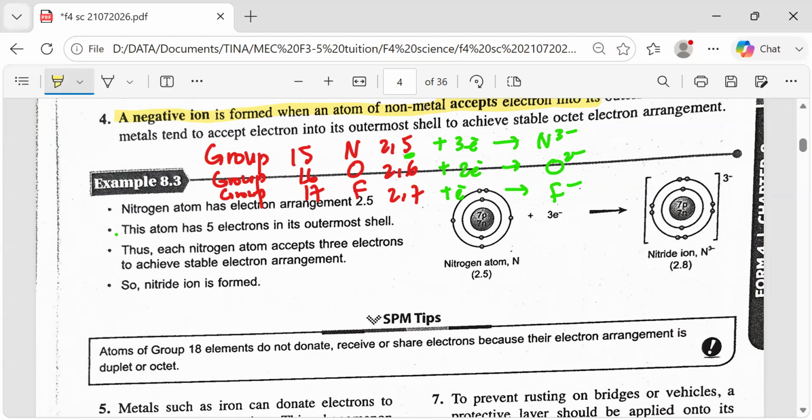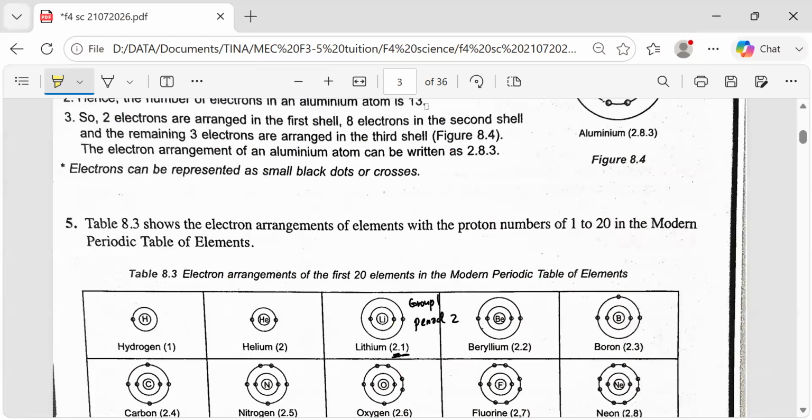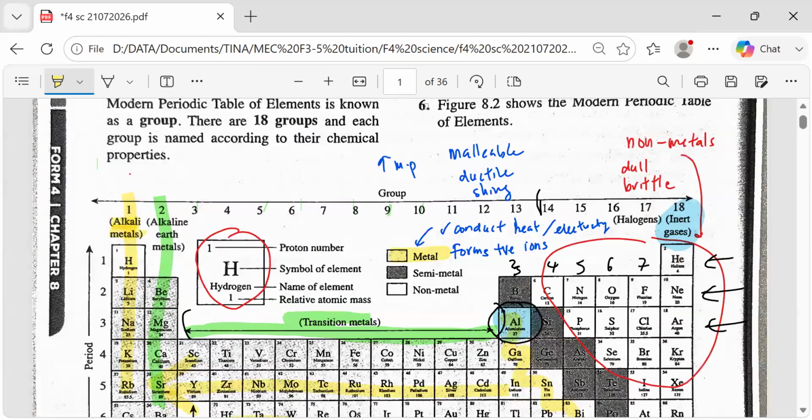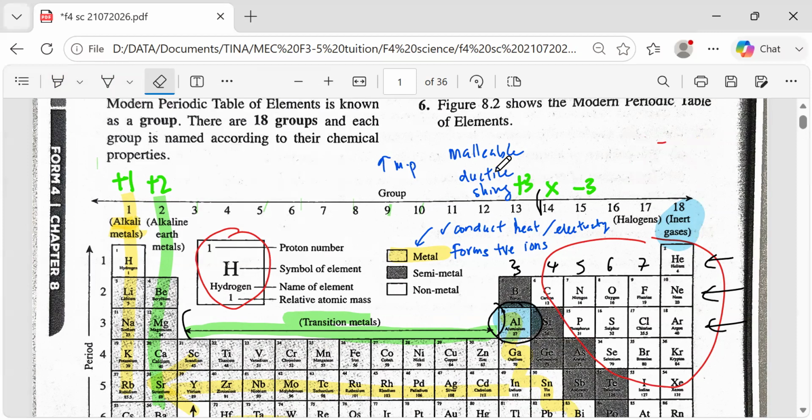Ready? Can you remember? Okay, so look back at the periodic table. Everybody in group 1 becomes positive 1, everybody in group 2 positive 2, everybody in group 13 positive 3, group 14 nothing, group 15 negative 3, group 16 negative 2, group 17 negative 1, and group 18 nothing. What about transition metals?